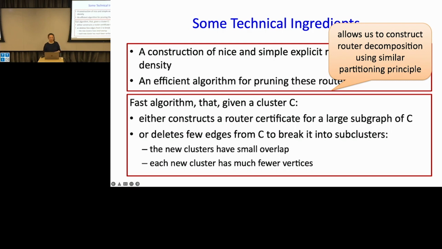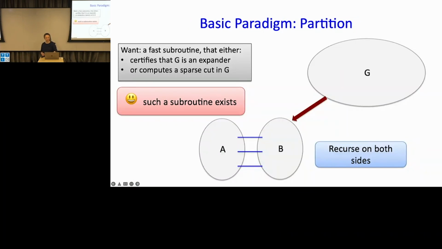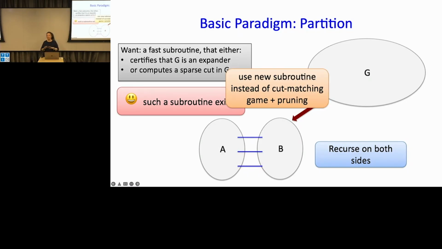So the idea is that we can now use this algorithm in the scheme that we used for expander decomposition. It just replaces the cut matching game and pruning, and then you use the same scheme to compute the router decomposition.